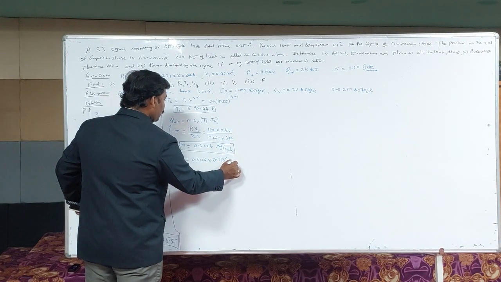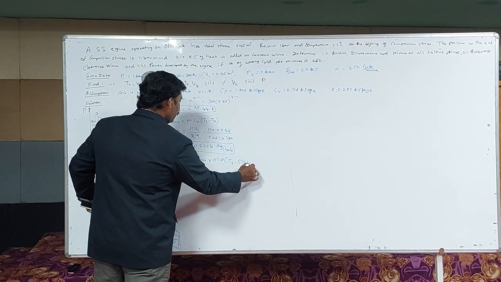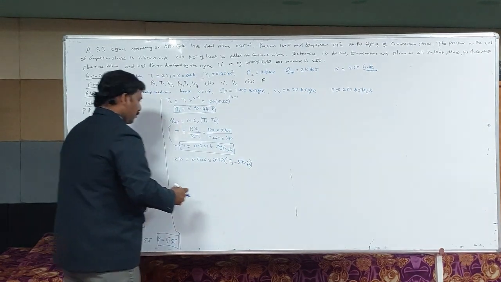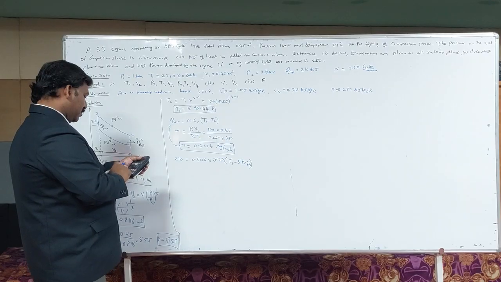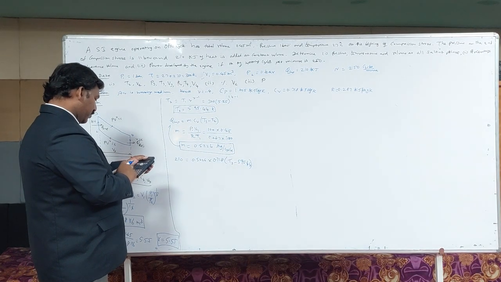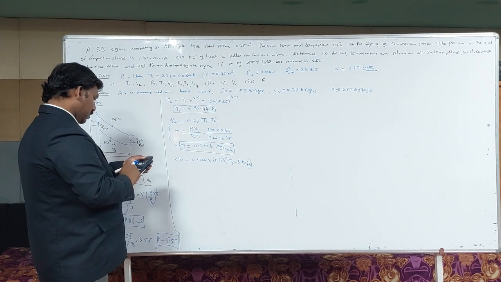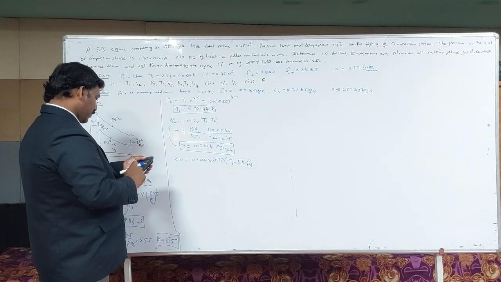We do not know T3, that we have to find out, and T2 is 595.44. So now we get the T3 value as 210 divided by 0.5226 divided by 0.718 plus 595.44.